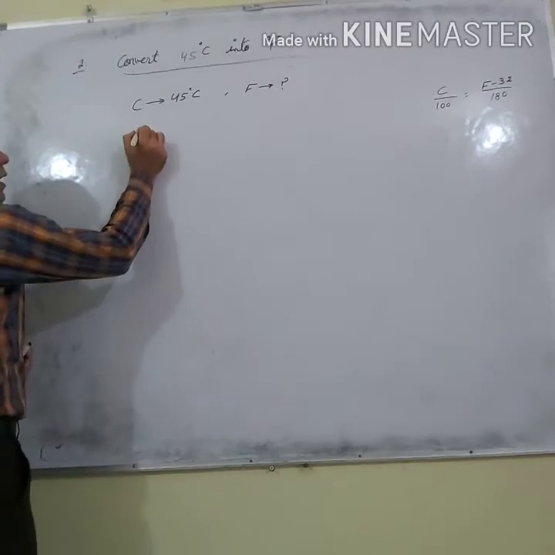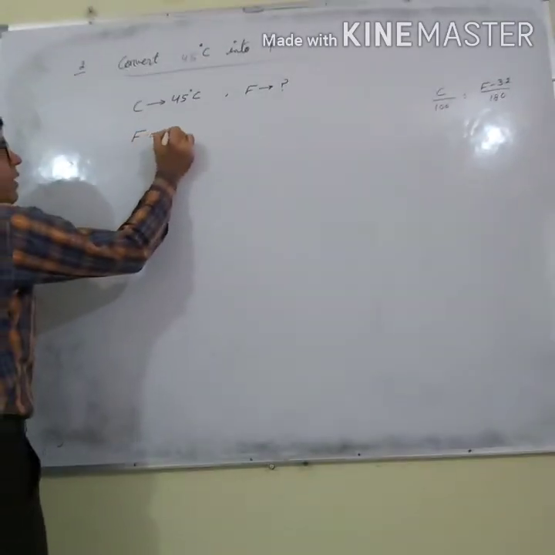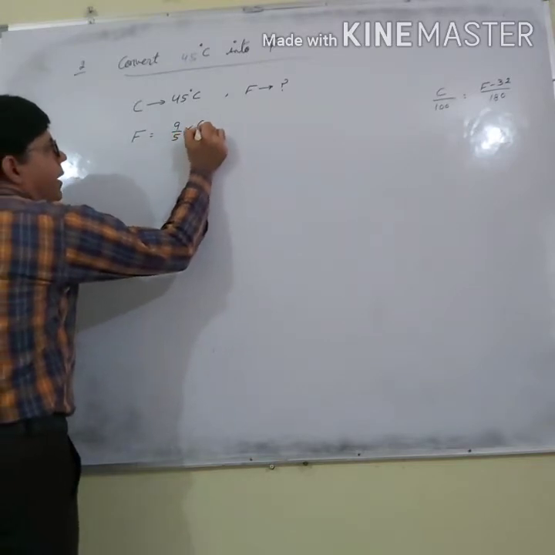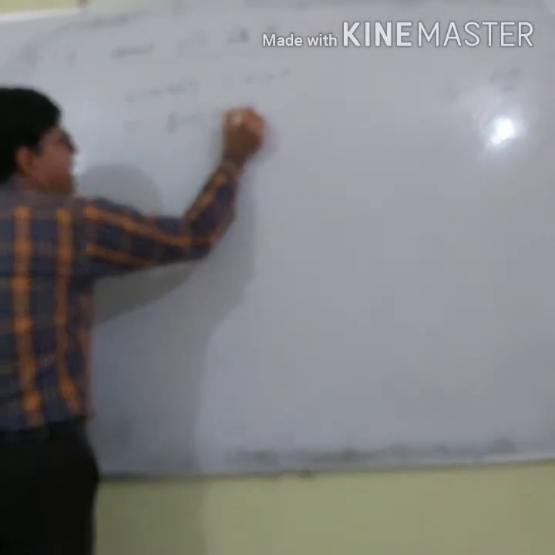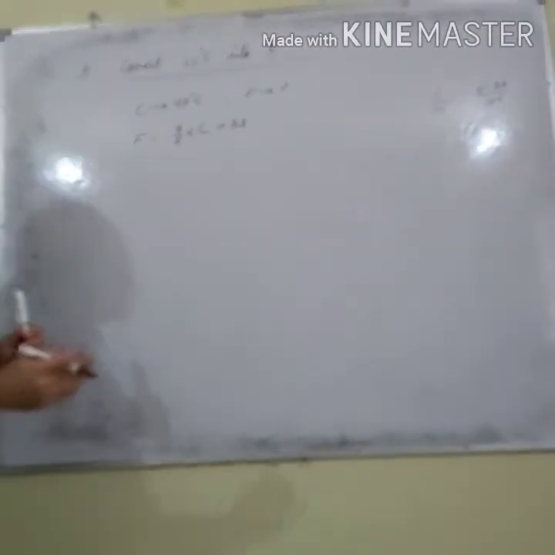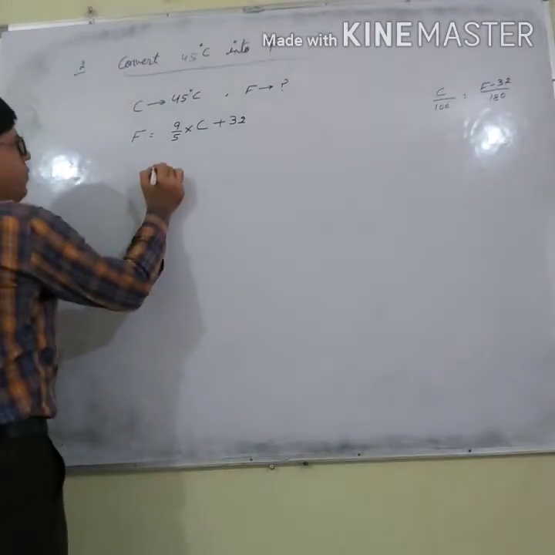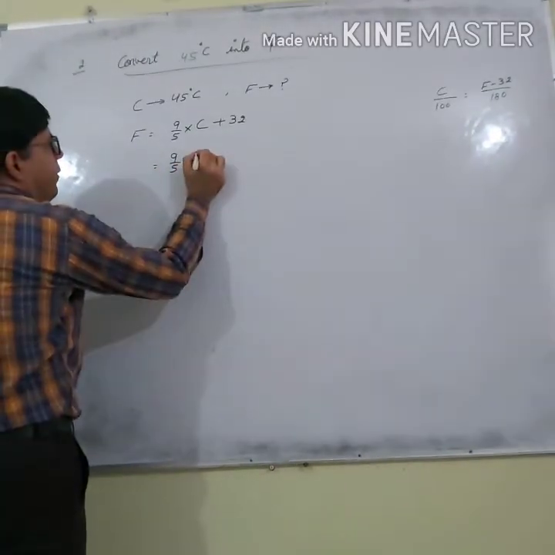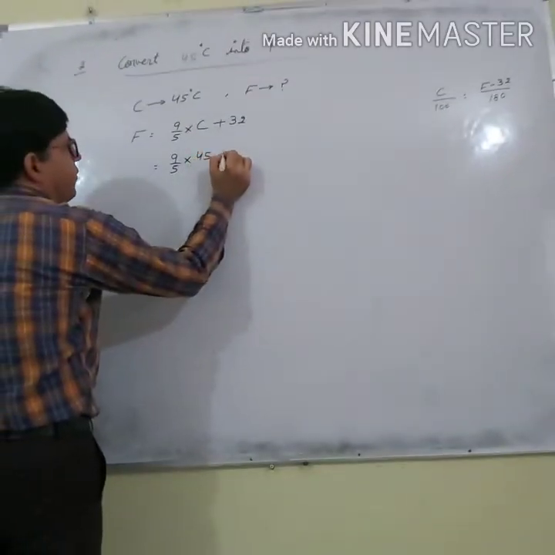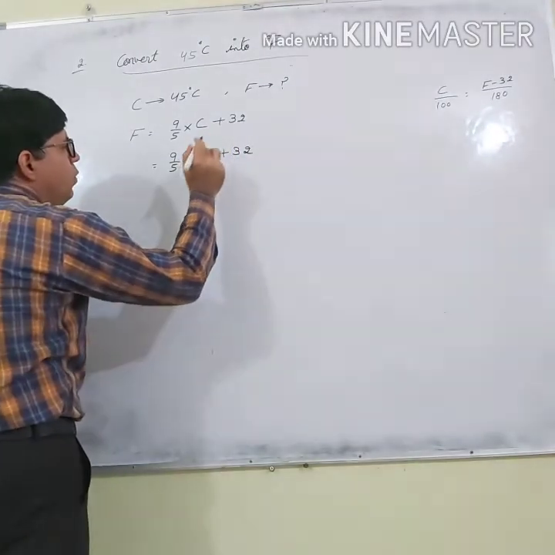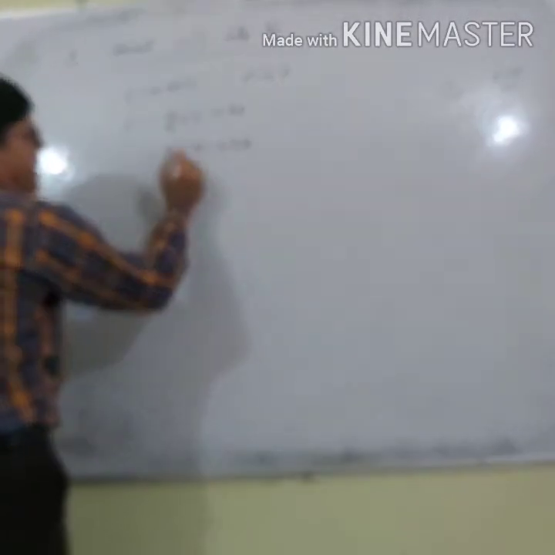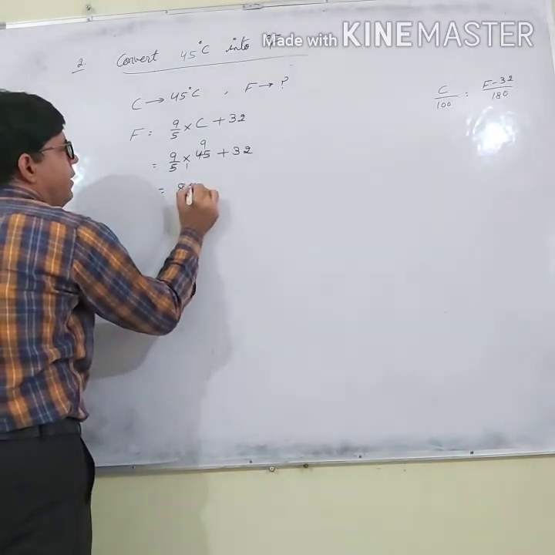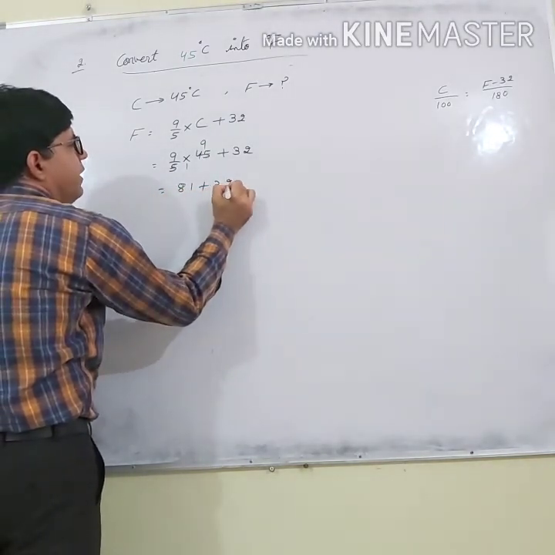What is the formula? Again, F equals 9 by 5 multiplied by C plus 32. This formula we have done in the last lecture. So 9 by 5 multiplied by 45 plus 32. Here 9, it is on the 9. 9 9s are 81 plus 32.